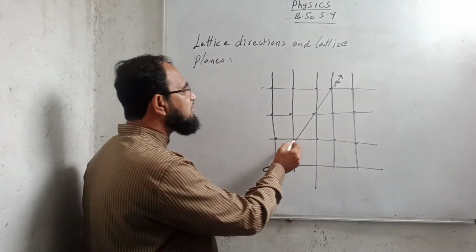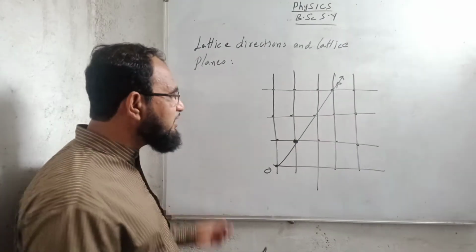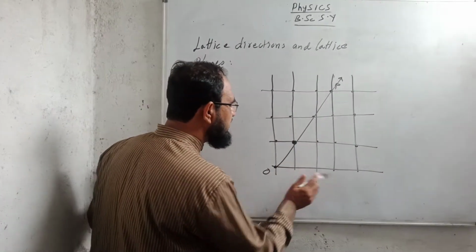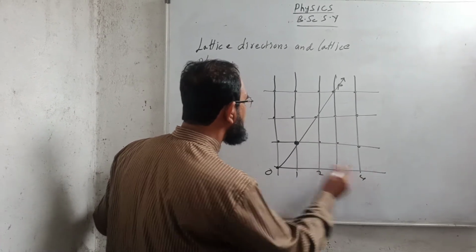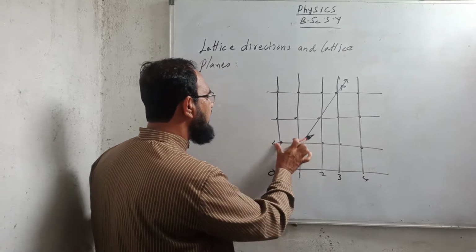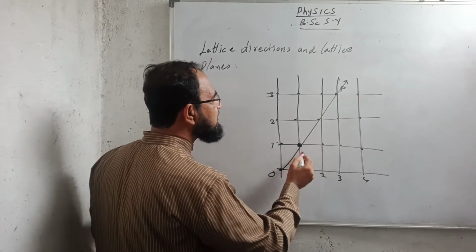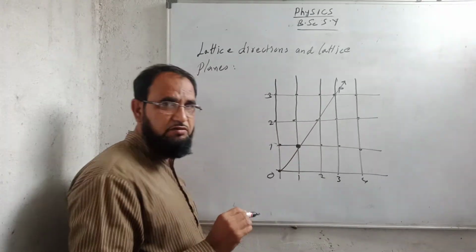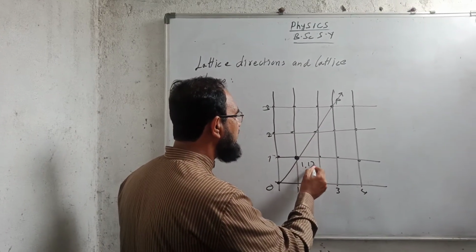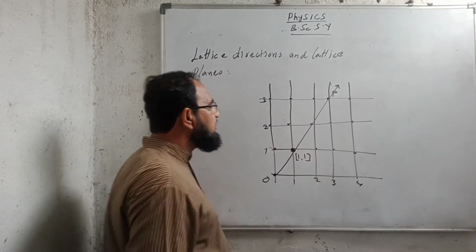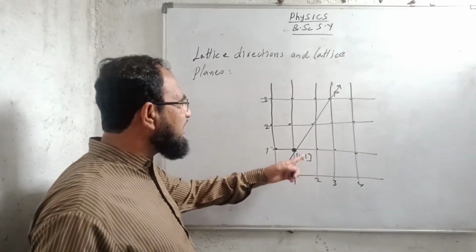Here the first point through which the line is passing is a whole number integer. It is 0, 1, suppose 2, 3, 4. This is the x-axis, here it is the y-axis, 1, 2, 3, 4, and so on. So the coordinates of the first whole number point, that is 1 comma 1, will give you the lattice directional coordinates, for example x and y.